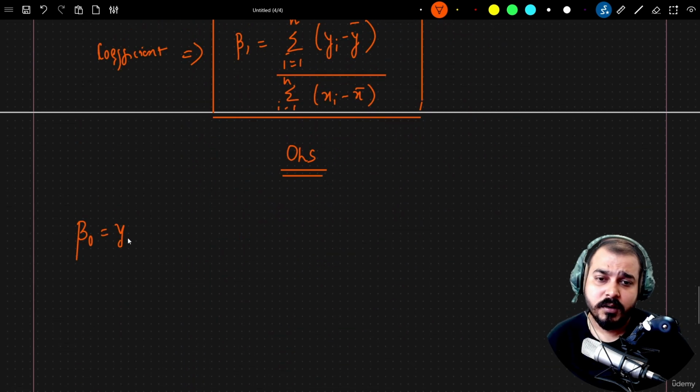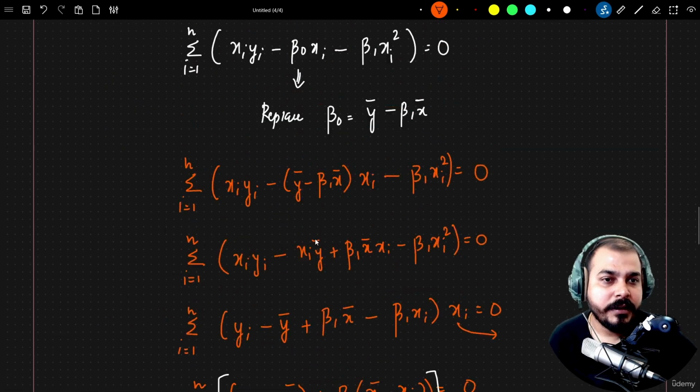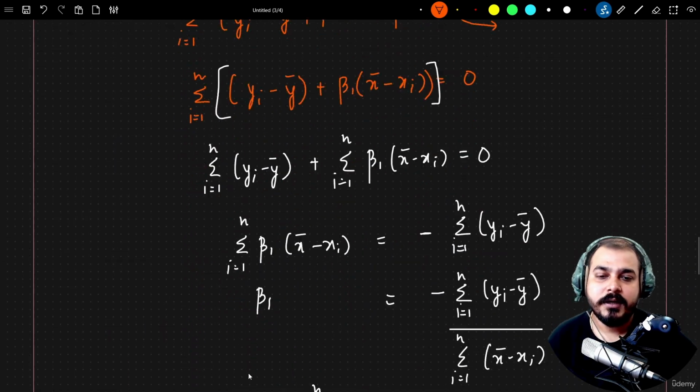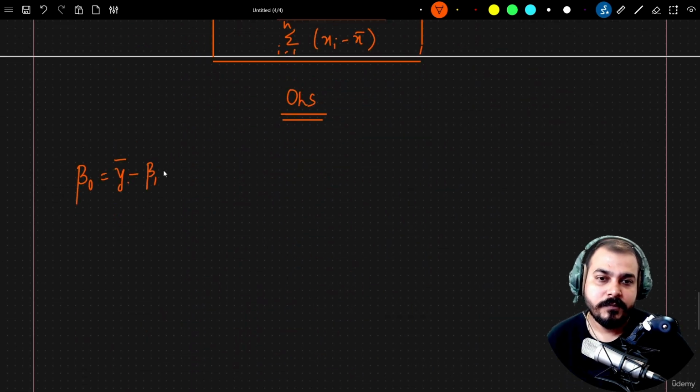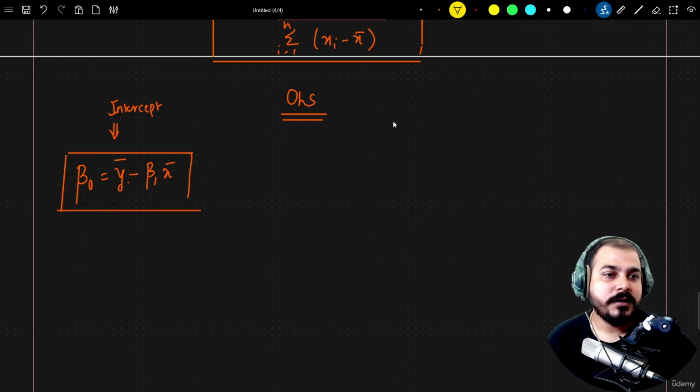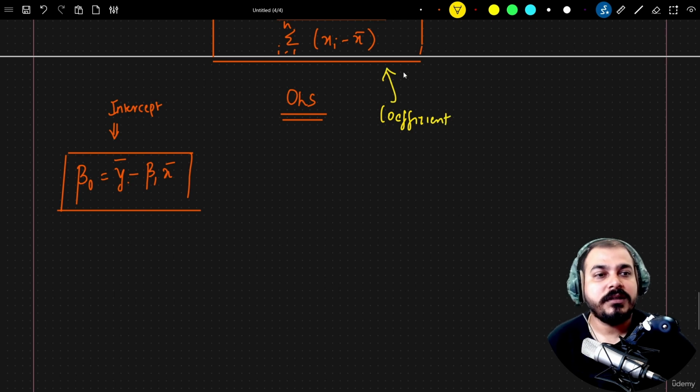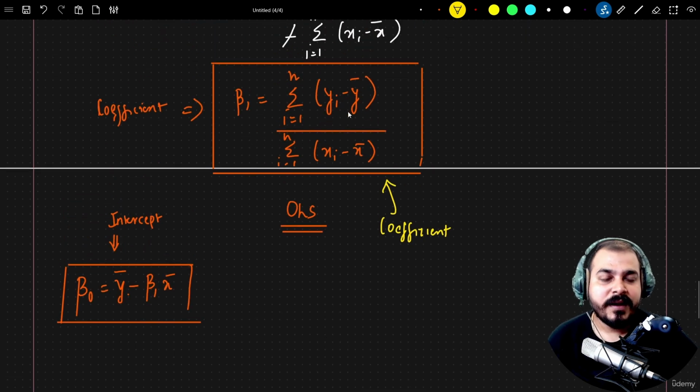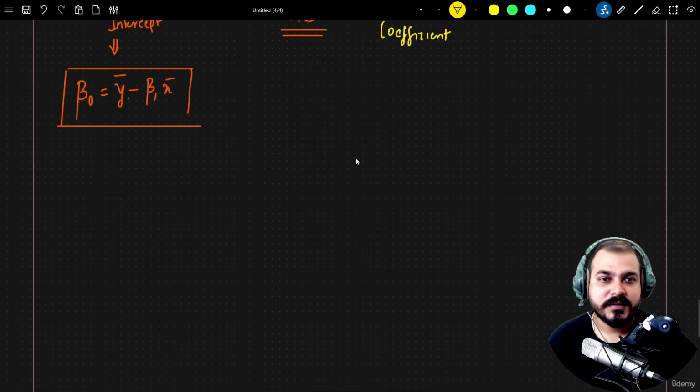Let me write beta 1 into x bar, right? This equation is basically to calculate the intercept. And in order to calculate the coefficient, we use this specific equation, that is summation of y of i minus y bar divided by summation of x of i minus x bar.